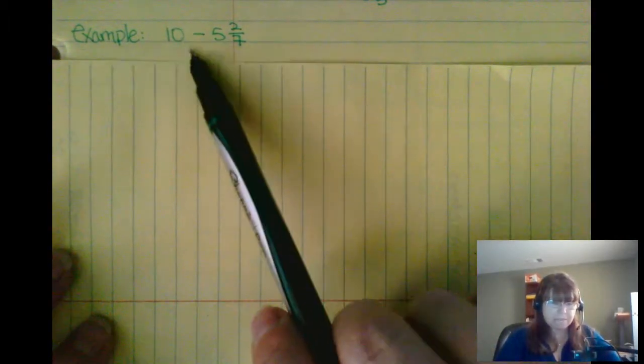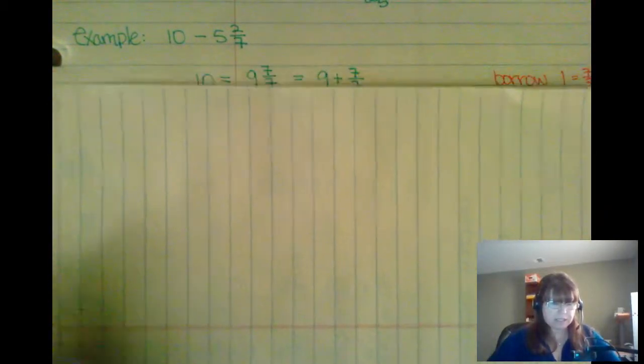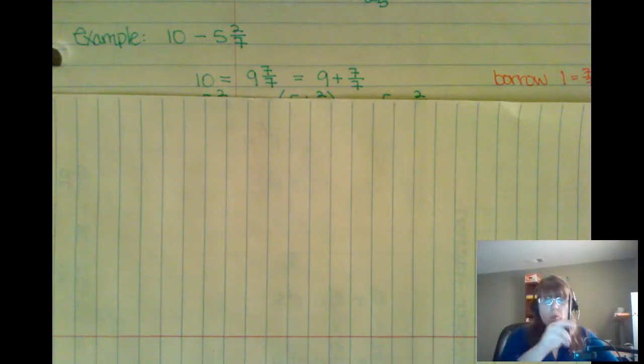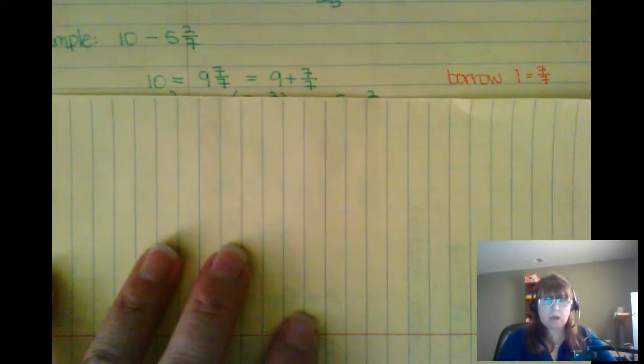So 10 minus 5 2/7. Since I'm going to do subtraction, think of it as borrowing. I'm going to borrow a whole entire 1 from the 10. If I borrow a 1, that will be 7 over 7.